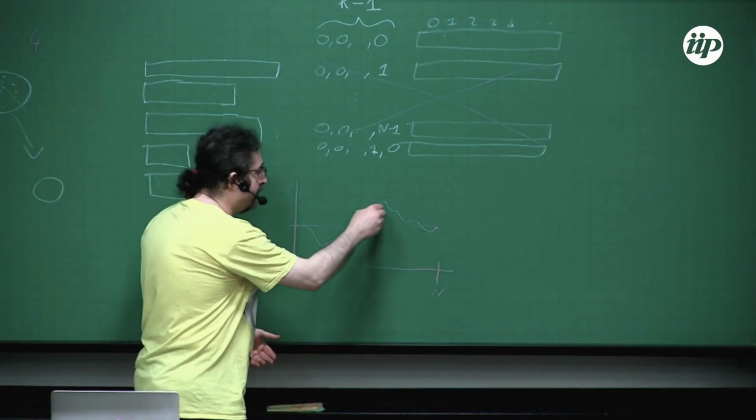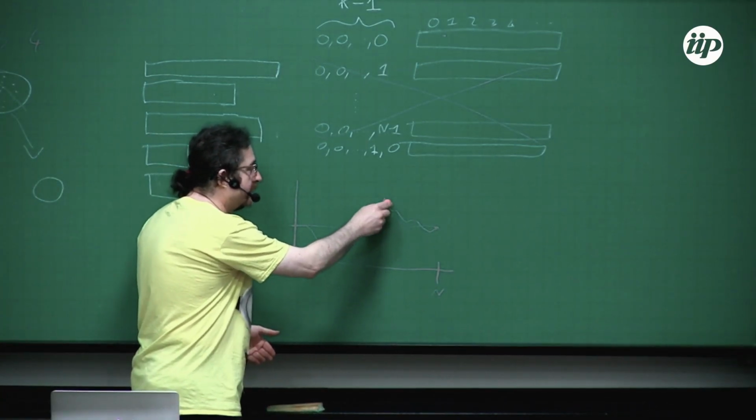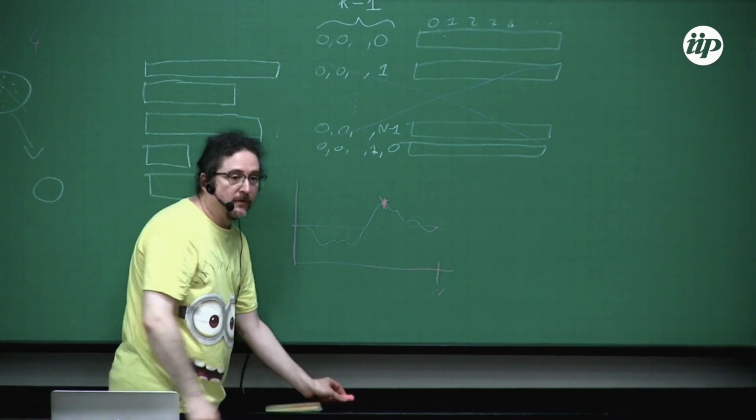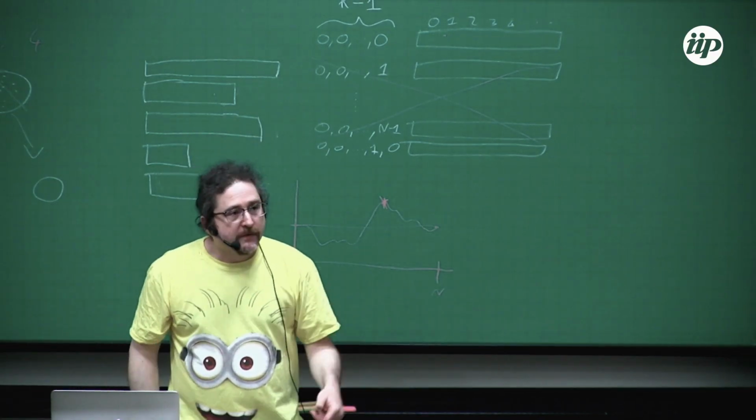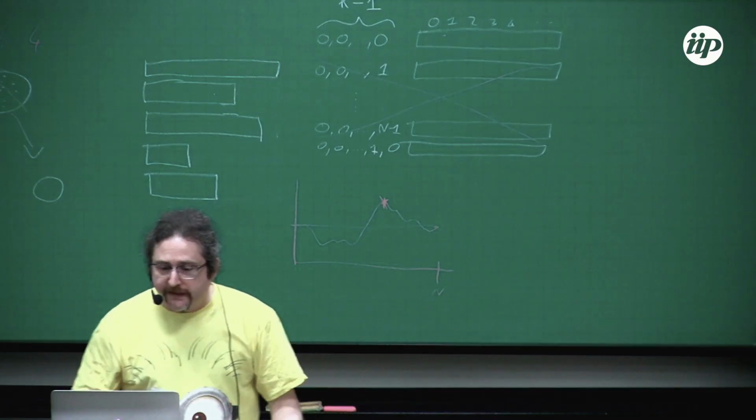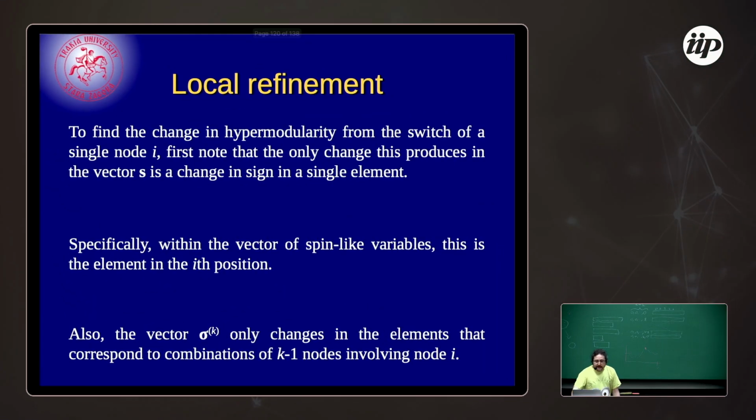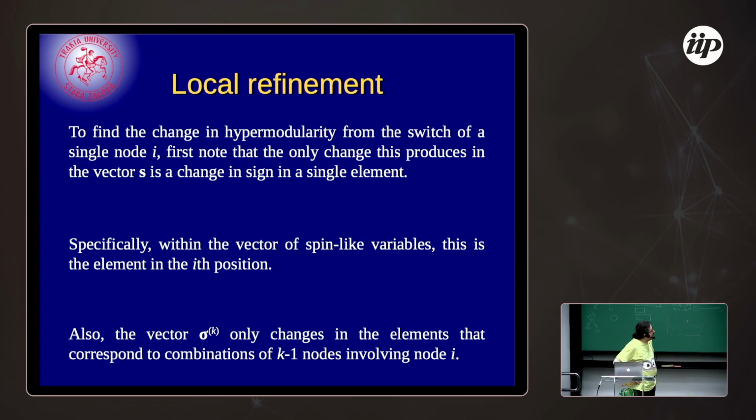So in this case here, bam, you put your partition in this state over there. And then you repeat. So it's a decisional tree, and then you repeat, and then you repeat. So the question is, how do you compute the change in hypermodularity?